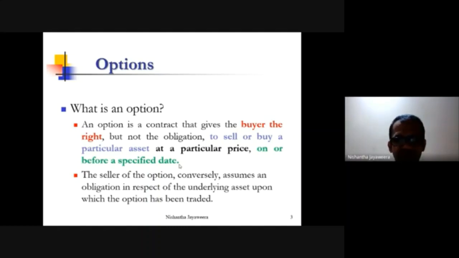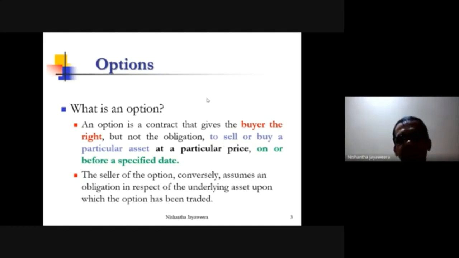The buyer gets a right to sell or buy a particular asset at a particular price on or before a specified date. But remember, when I say to sell or buy a particular asset, it doesn't mean that through a particular option transaction you get the right to buy and the right to sell. Only one of these, either to buy or to sell. Only one. In a particular contract, you can get a right to sell or a right to buy, not both. We'll clarify that in the next one.